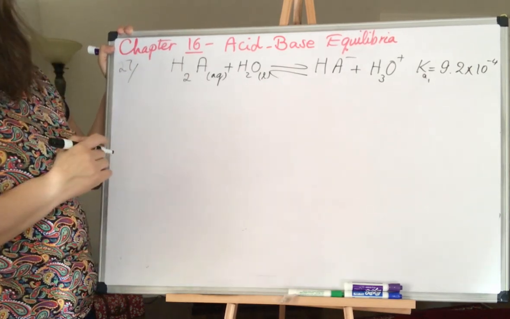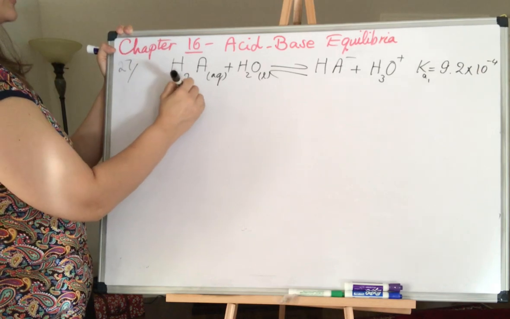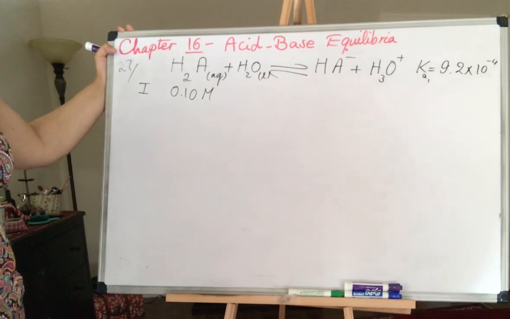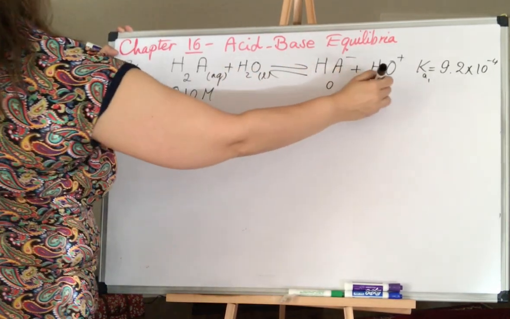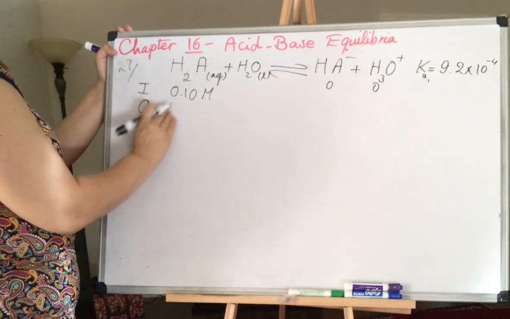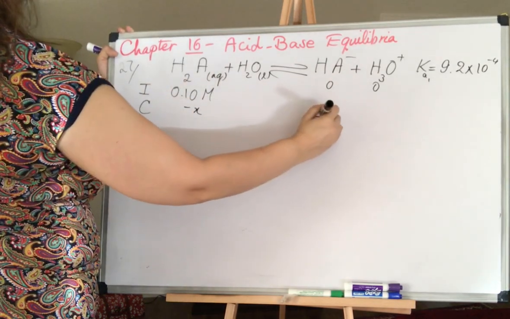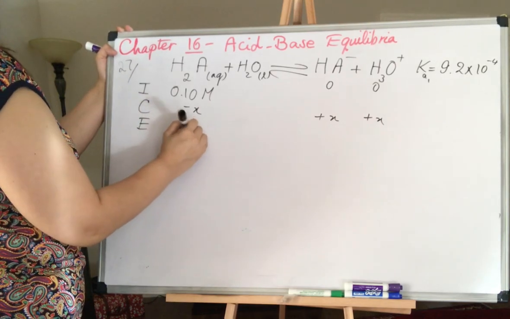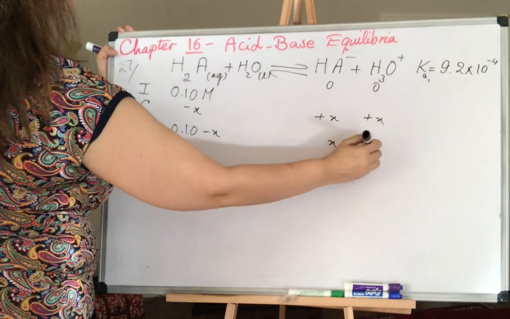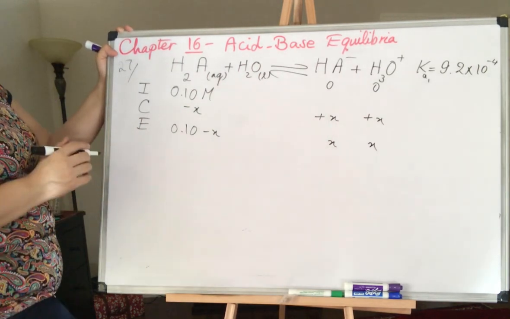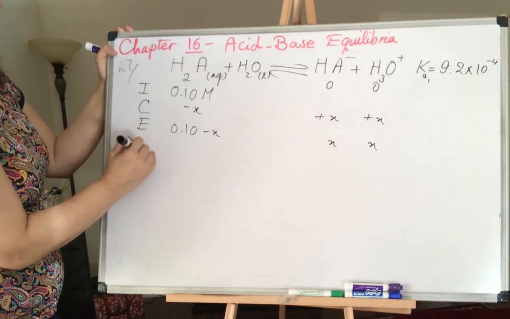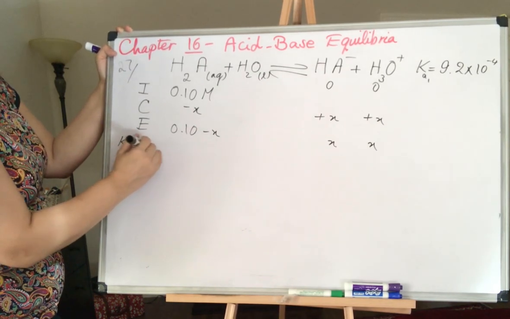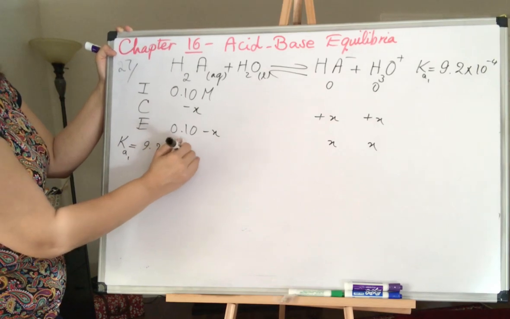So this is 0.10 molar. So build an ICE table for the first ionization. 0, 0, minus X, plus X, plus X. Then at equilibrium you have 0.10 minus X, X, and X. So Ka1 is X squared over that, and Ka1 is given, let's just plug it in right away, 9.2 times 10 to negative 4.